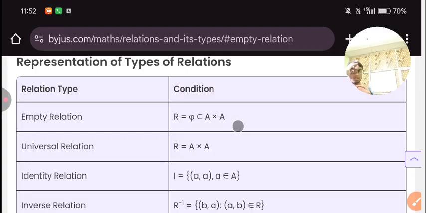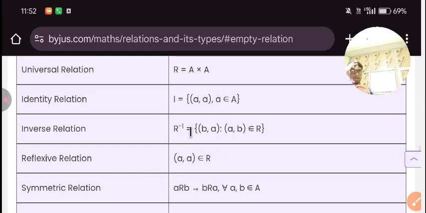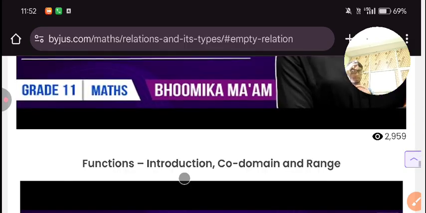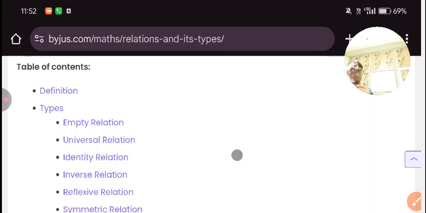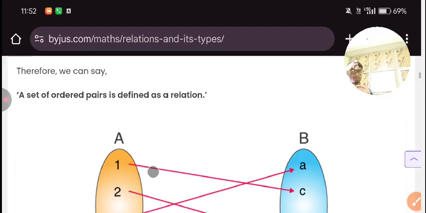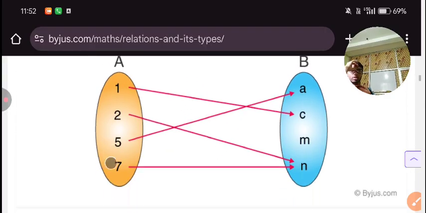A subset of this, and we have two subsets. It's a set in opposite of two sets, opposite of ordered pair. A set of ordered pairs is defined as a relation.